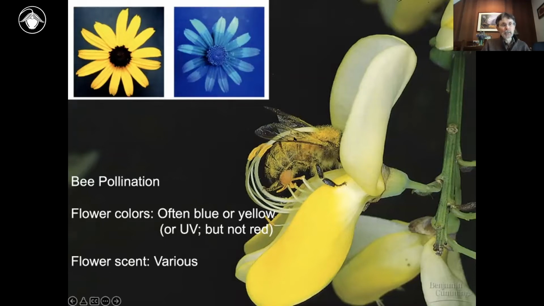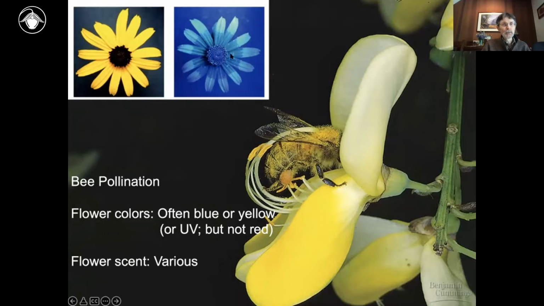And bees see in the same visual spectrum that we do, but it's offset a little bit towards shorter wavelength light. So as you can see here, here's a daisy head under normal conditions as we would see it, and here it is under UV light. And you can see this bullseye patterning that we can't see, but a bee can see.